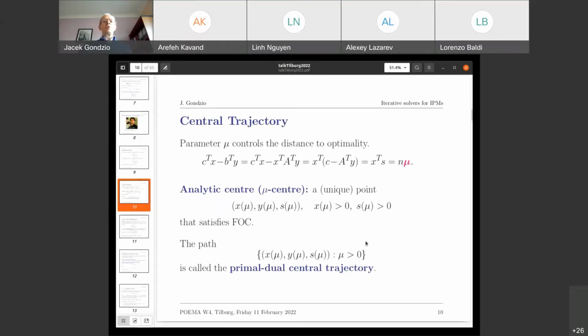This central trajectory is important because algorithms based on interior point methods do follow this path. This trajectory gives us very useful guidance on how we can approach the optimal solution. And the best algorithms try to follow the central trajectory and never get too far away from it.